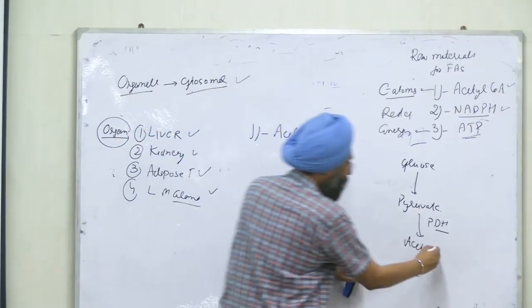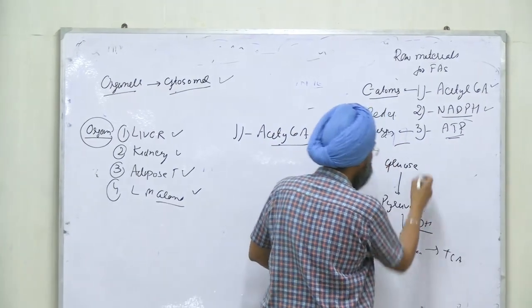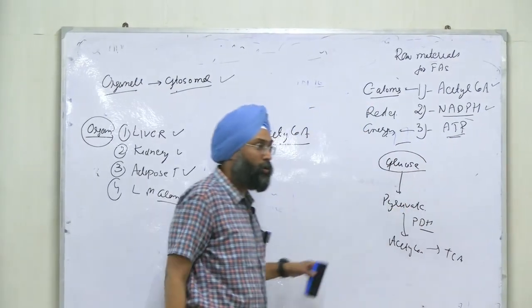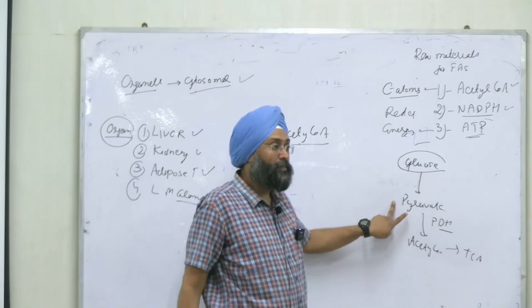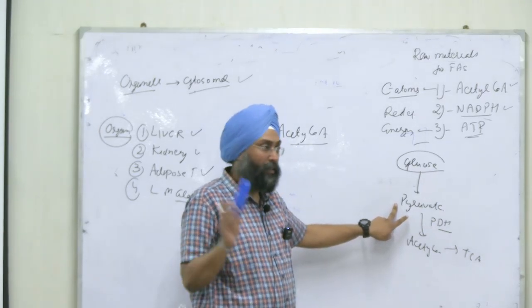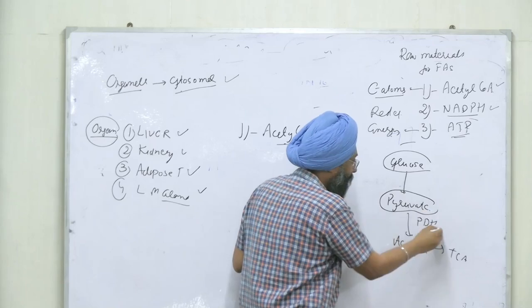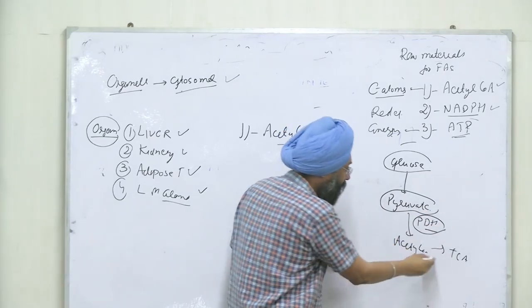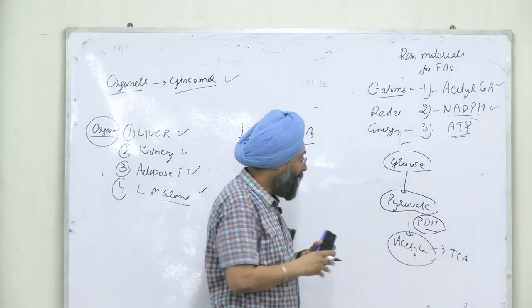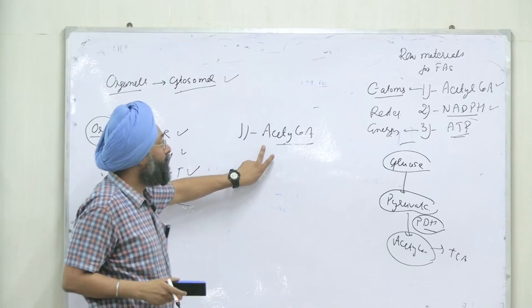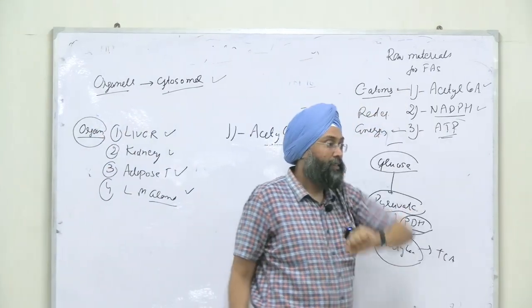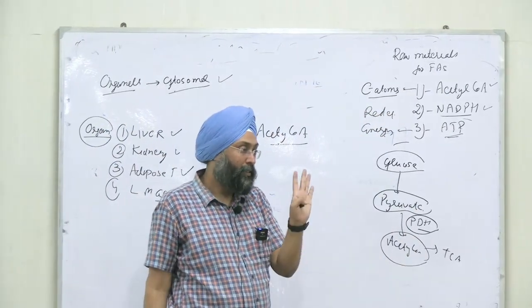From here it enters the TCA cycle. We started from glycolysis from glucose, and the end product was pyruvate under aerobic condition and lactate under anaerobic condition, right? But this pyruvate via pyruvate dehydrogenase complex can be converted to acetyl CoA, right? And this acetyl CoA is the raw material for synthesis of fatty acids. Now you can correlate, right?